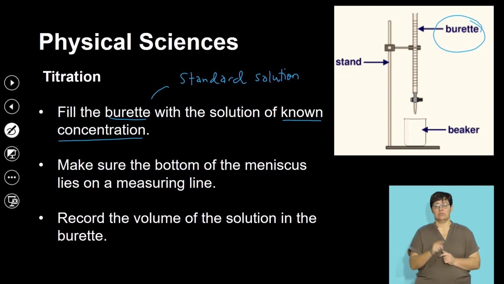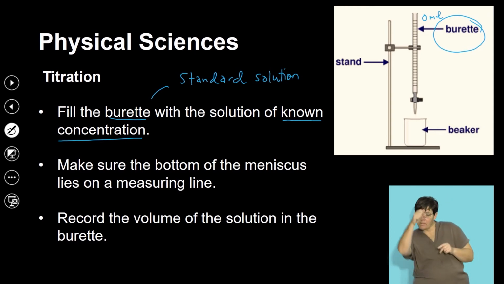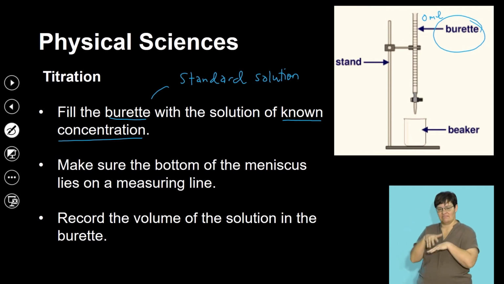So when it's completely filled, it will mark up to 0 mL, whatever units are used. As you allow that standard solution to come out of the burette so that it reacts with the other substance, it could be the acid or the base, it doesn't matter, you keep track of how much of the standard solution in terms of volume has been used in the reaction, okay?